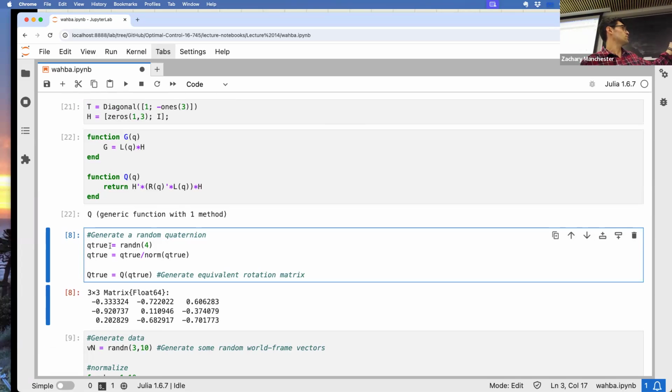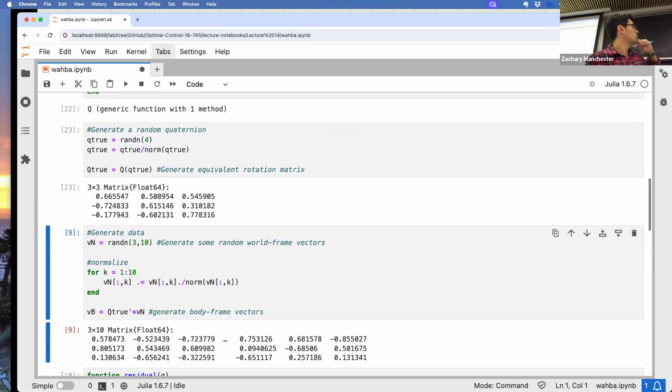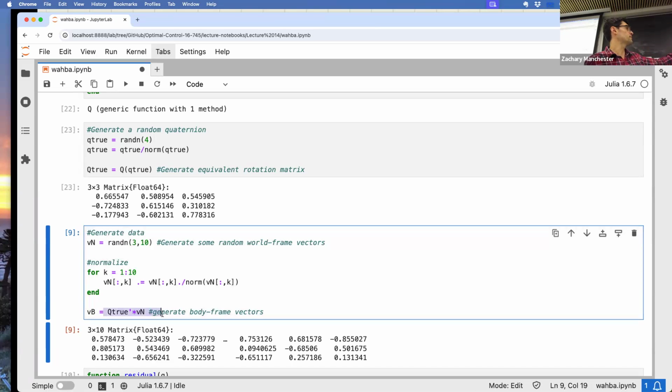The simple way to do that is to generate a random 4 vector and then normalize it. It turns out that's actually a good way to generate uniformly distributed quaternions, since it's statistically legit. Then we're going to generate a bunch of random vectors, normalize them so they're unit vectors, and rotate them to generate our observations. Just arbitrarily, I'm going to generate 10 vectors here.